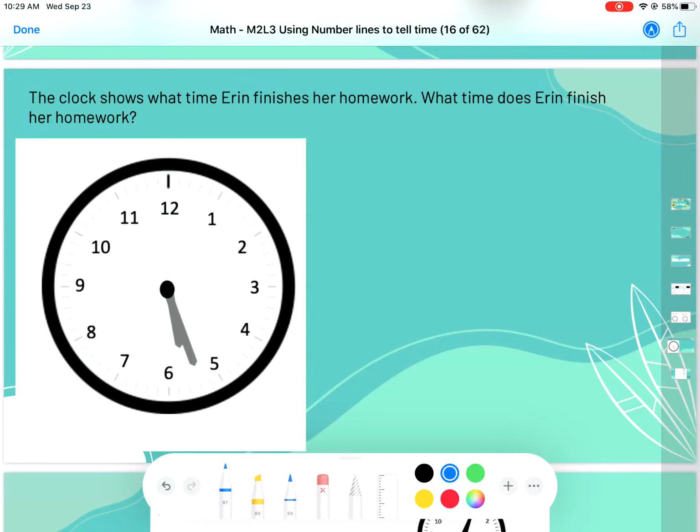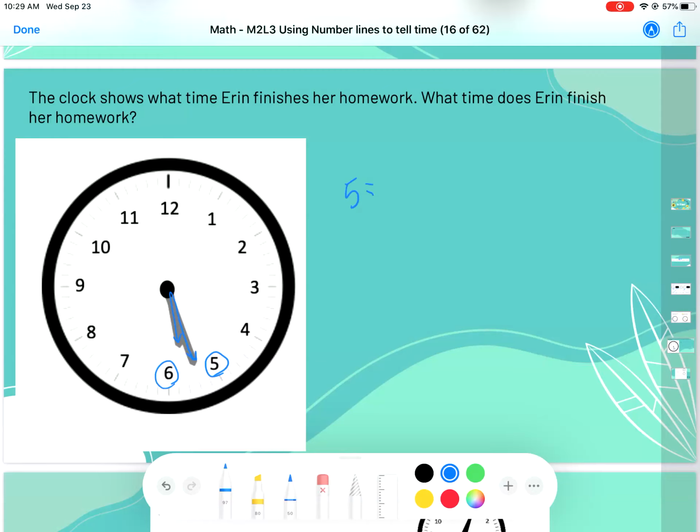Okay, so let's go to my slide number 3. It says the clock shows what time Erin finishes her homework. What time does Erin finish her homework? So let's look at the clock and tell the time. So let's begin with our shorthand. It's between 6 and 5, but we know that the shorthand didn't pass the number 6. So we know that it should be 5.